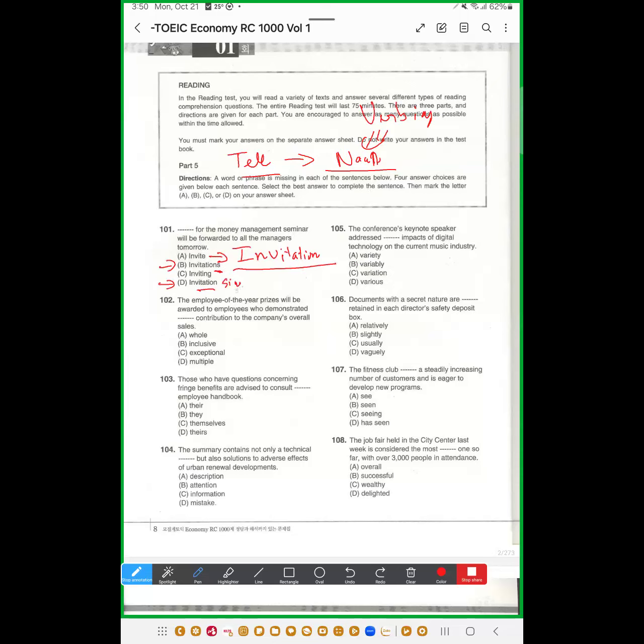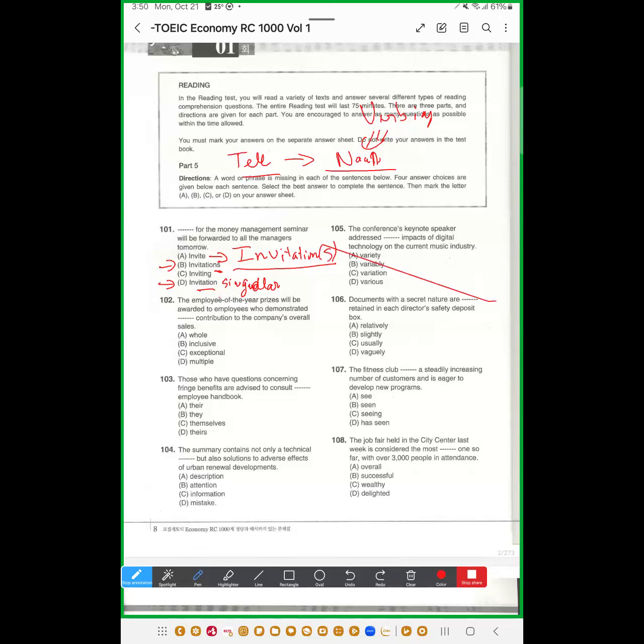It means only one invitation, an invitation. That is singular. It only exists in the quantity of one. So here, when to use a singular noun and when to use a plural noun? Let's find out.